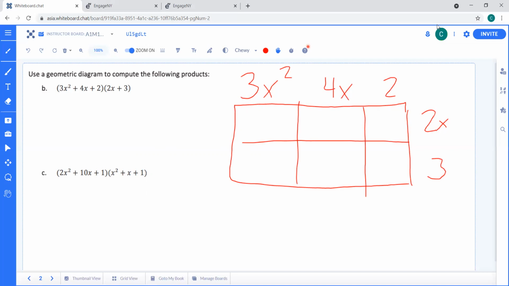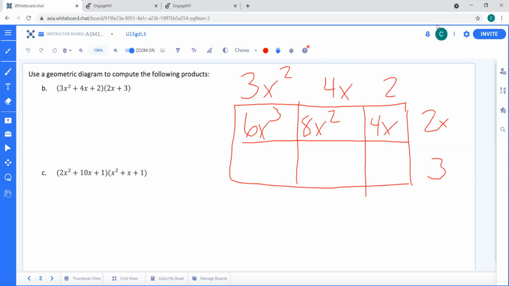So 3x squared times 2x would be 6x cubed. And we'll go across the top. 3x squared times 4x is 12x cubed, 2 squared is... 3x squared times 2 is 6x squared. 2 times 2x is 4x.